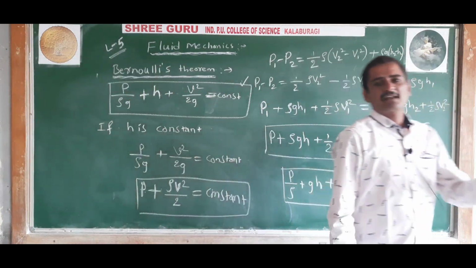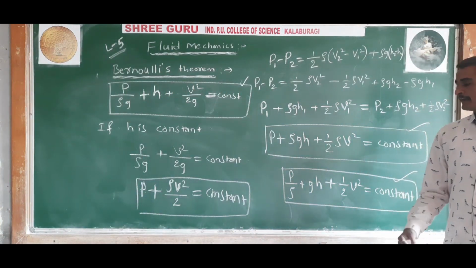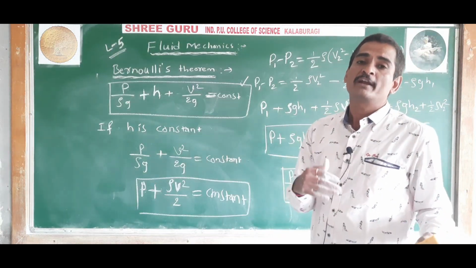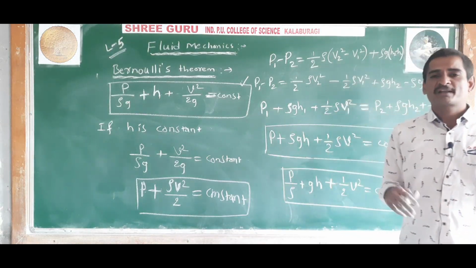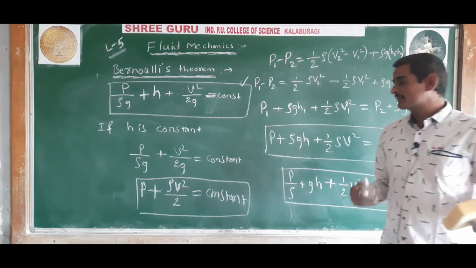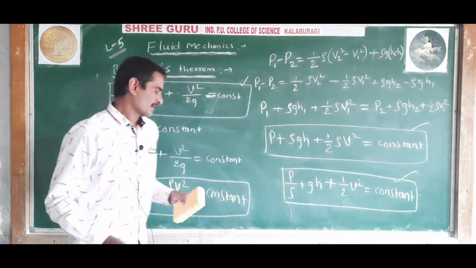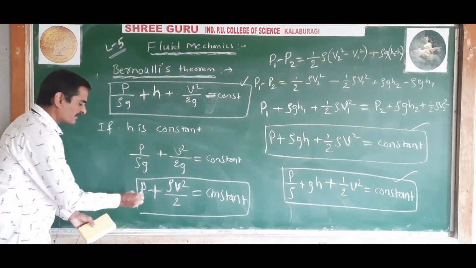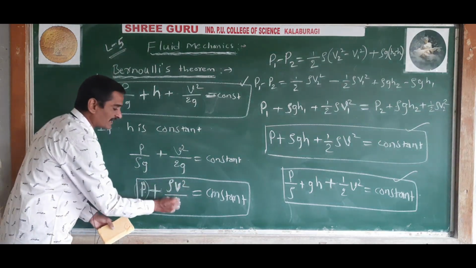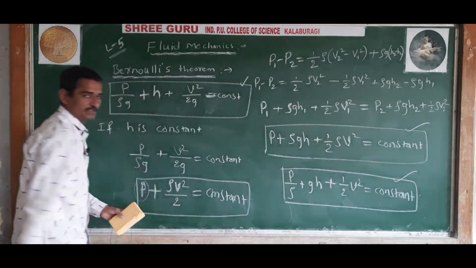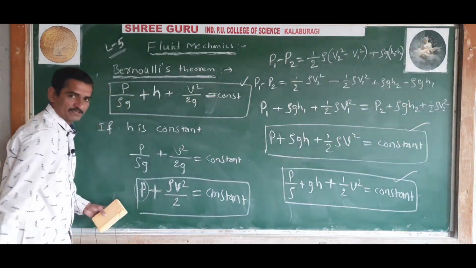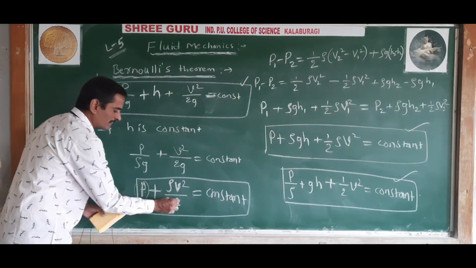If pressure is more, the velocity of the fluid will be less. So, see here, pressure plus the velocity term both have to remain constant. If pressure increases, then velocity has to decrease so that it remains constant. This rho by 2 is a constant. Rho is the density of the fluid and 2 is a constant.